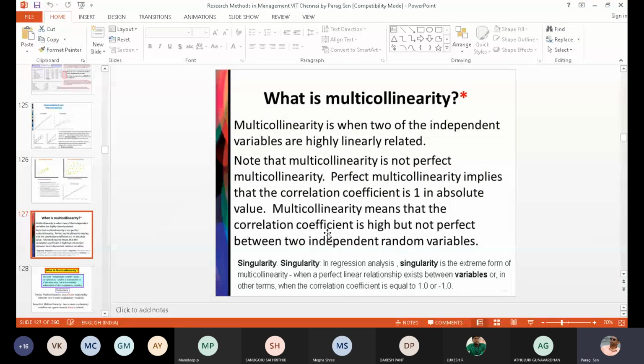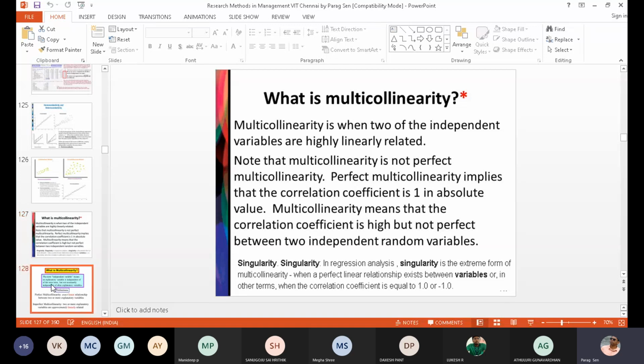Multicollinearity means that the correlation coefficient is high but not perfect between two independent random variables. And then singularity: in regression analysis, singularity is the extreme form of multicollinearity, when a perfect linear relationship exists between variables, or in other terms, when the correlation coefficient is equal to 1 or minus 1.